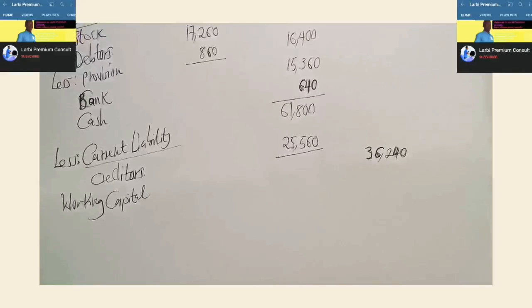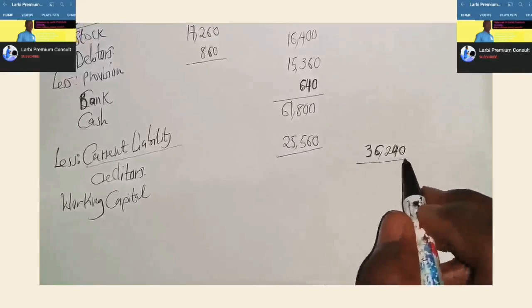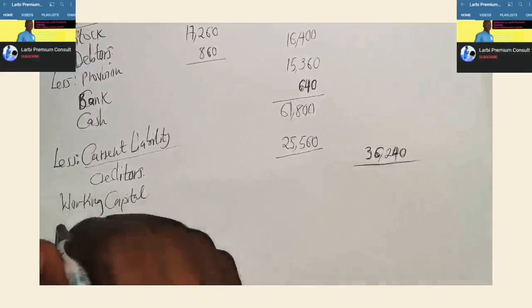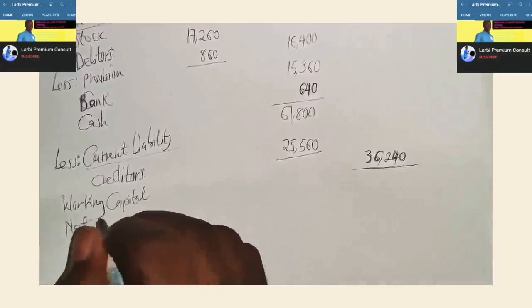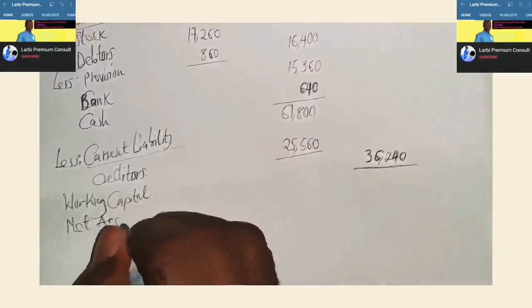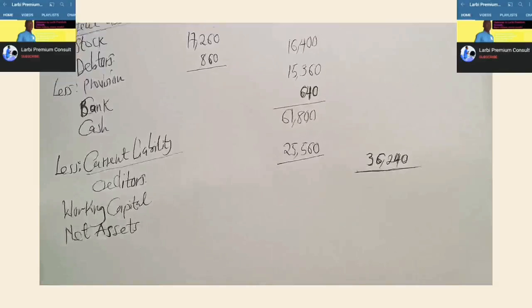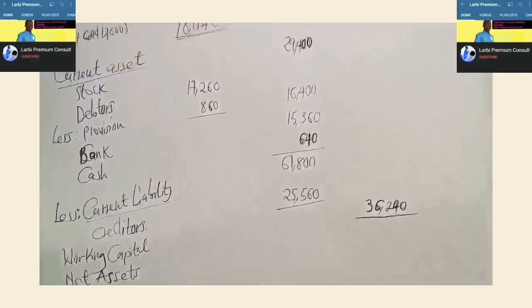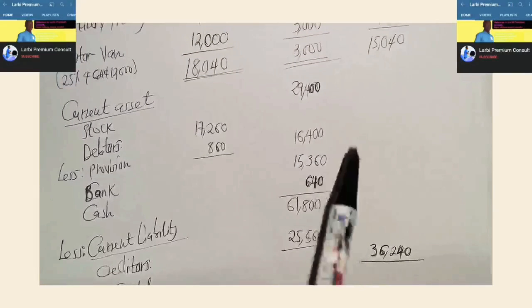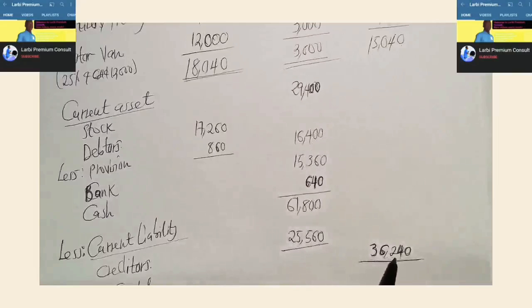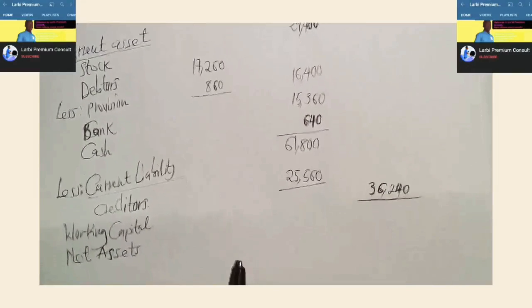All right. So after getting working capital, you add your working capital to your net non-current assets, and the total will give you your net assets. So your net assets will be your working capital plus your net non-current assets. This is what I mean by net non-current assets. The 15,040 added together with 36,240, then you get your total net assets.